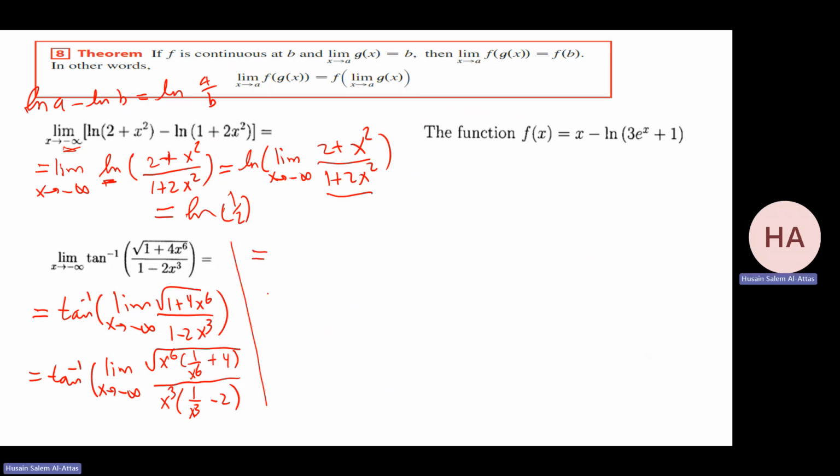That will be equal to tan inverse of the limit as x goes to minus infinity. What is this? x to the power 6, take it outside. That will be absolute value of x cubed.